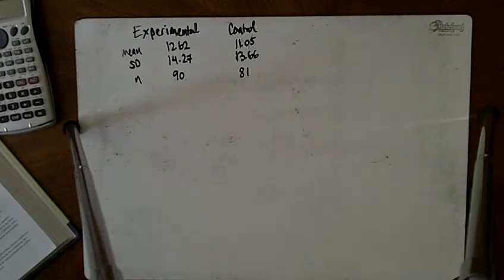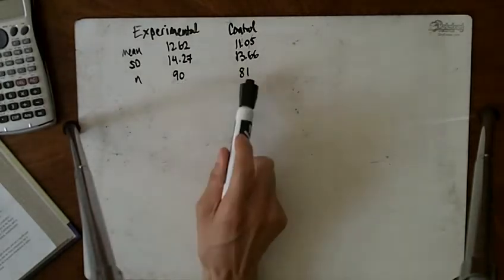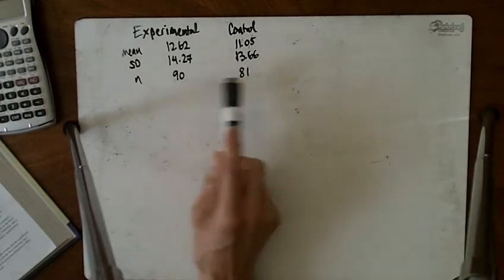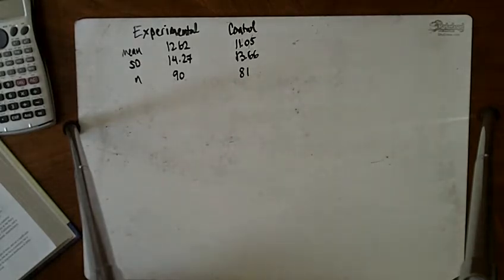All right, in this problem, we are looking at a total of 171 children that were randomly split into two groups. One group had 90 of the children, the other group had 81 of the children, for a total of 171 children.